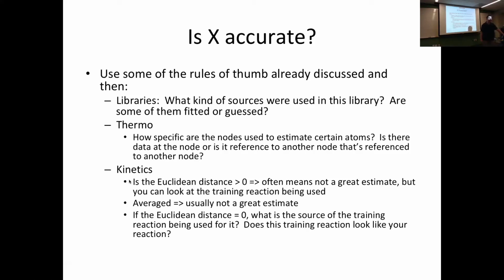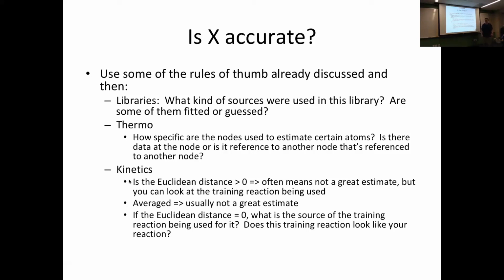With reaction libraries, it can hurt you a lot. You have to be extra careful with reaction libraries because some of them are fitted. There are a lot of ones that are fitted, and they work for the specific situation they were designed for, but they don't work well outside of that situation, or they don't pair well with RMG stuff. So you have to be more careful with that, and I'll be talking about that more in 20 minutes, half hour or so.